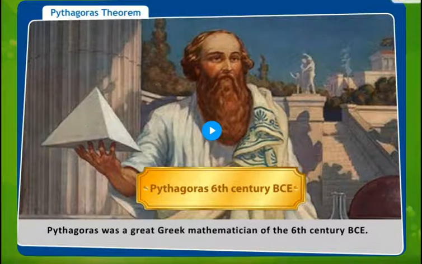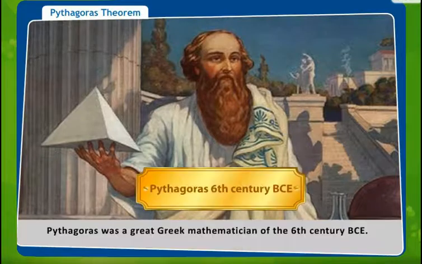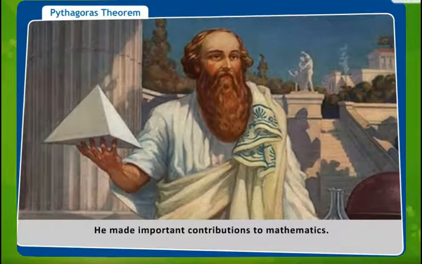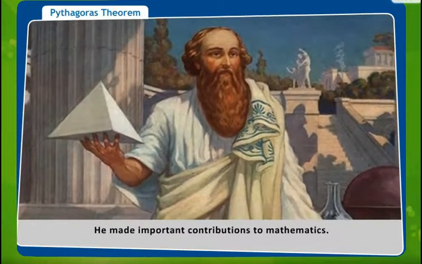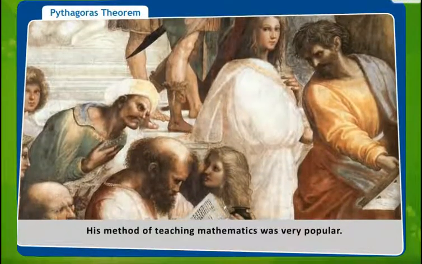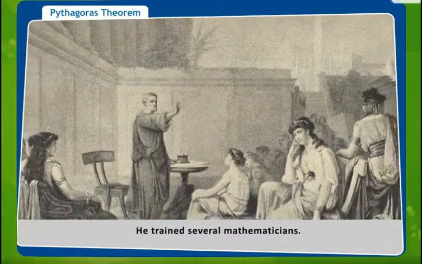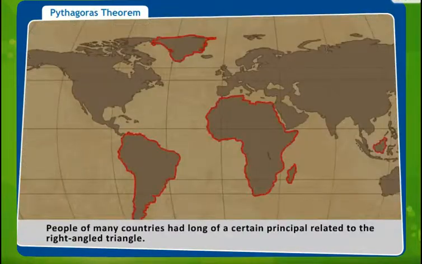As we have now understood the right angled triangle, now we will understand exactly what the Pythagoras theorem is. Pythagoras was a Greek mathematician of the 6th century BC. He made important contributions to mathematics. His method of teaching mathematics was very popular. He trained several mathematicians.